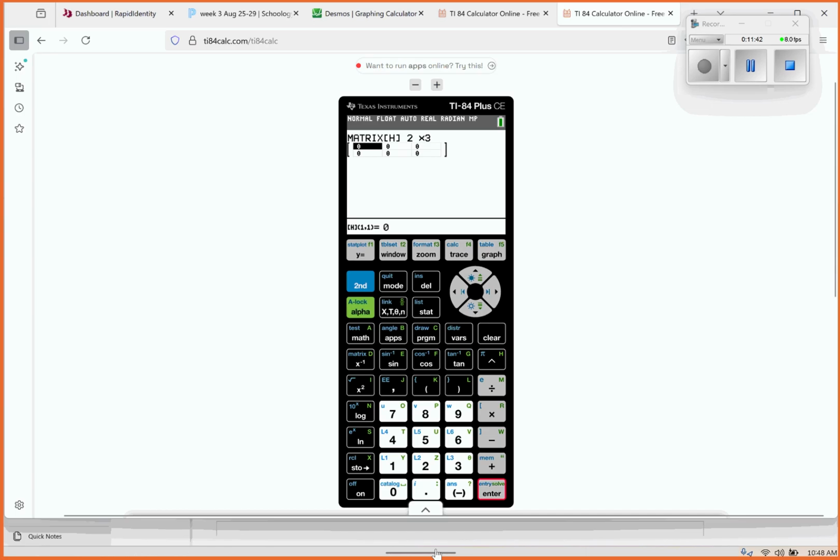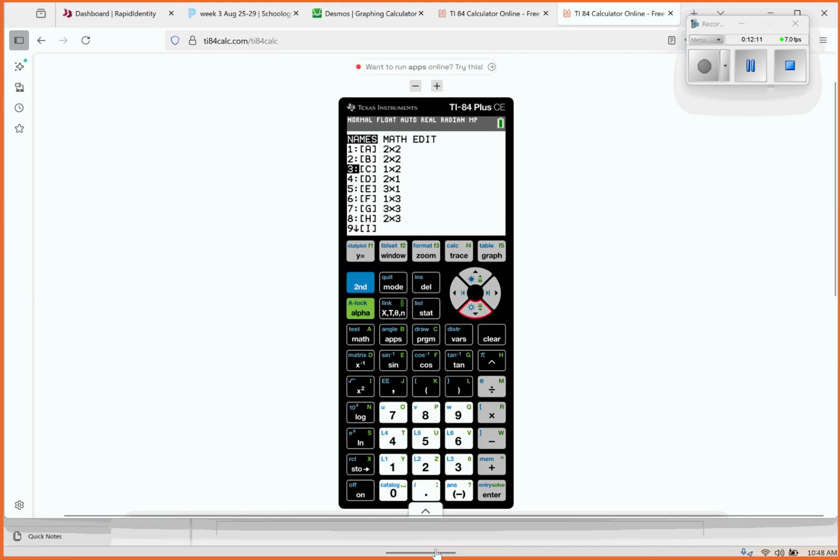Oh, -2, 3. Oops. Hang on, I made a mistake. Go 2. Negative what? -2, 3, 4, 8, 0, -1. Cool. Second quit, second matrix.